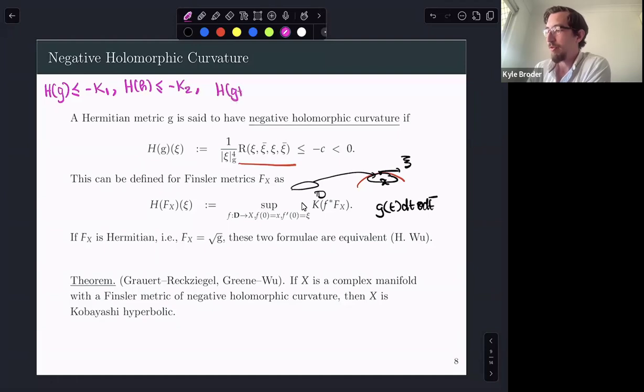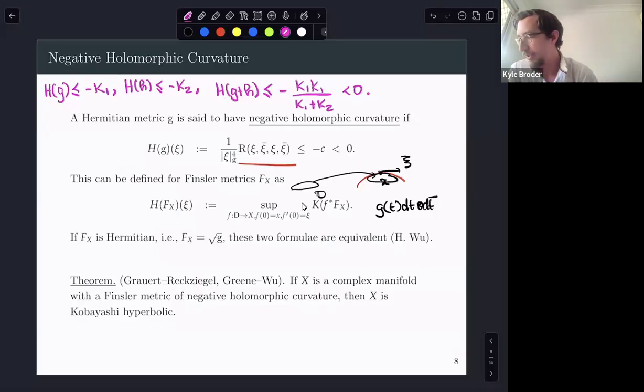Then the holomorphic sectional curvature of the sum of these metrics is bounded above by minus K1 K2 over K1 plus K2. So in particular, the set of Hermitian metrics with negative holomorphic curvature forms a convex set. And this is actually one of the key facts to the counterexample that we'll talk about in a moment.